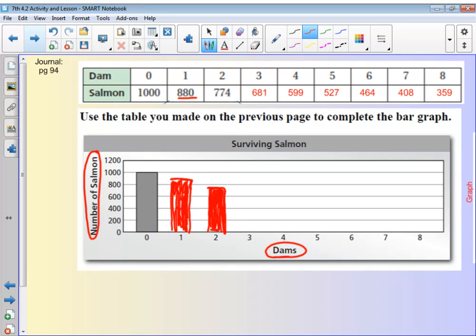So a little under halfway, because this is 800, this is 600. So about halfway up, a little under. And as I said, you're not going to see a perfect number. Okay, so now what I would like you to do is finish graphing your last bars, 4 through 8, and pause your video and then check your bars when you're finished.